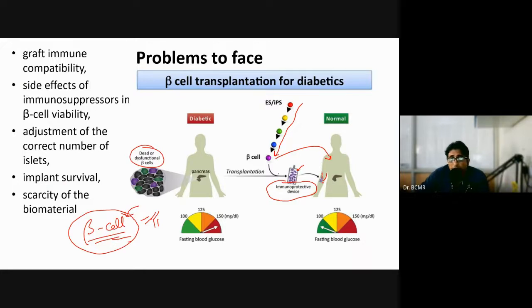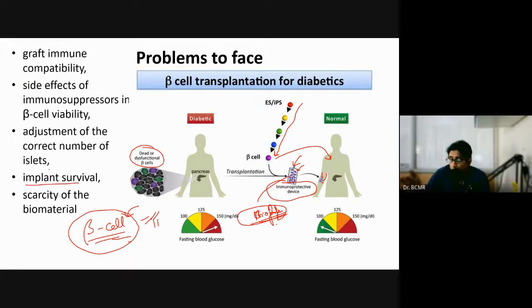Again, putting in an immunoprotective device like this could cause biofilm problems or infection issues. That is another problem we will have, right? And otherwise we need to consider how long the implant will be there.